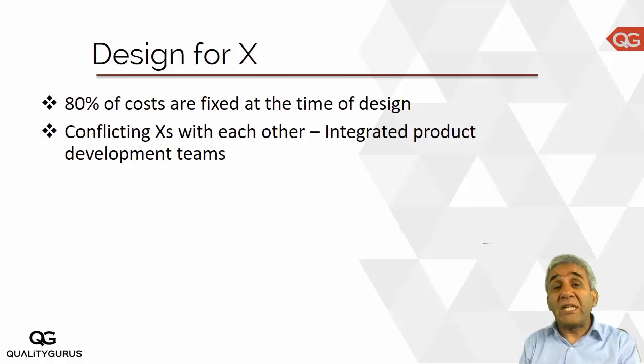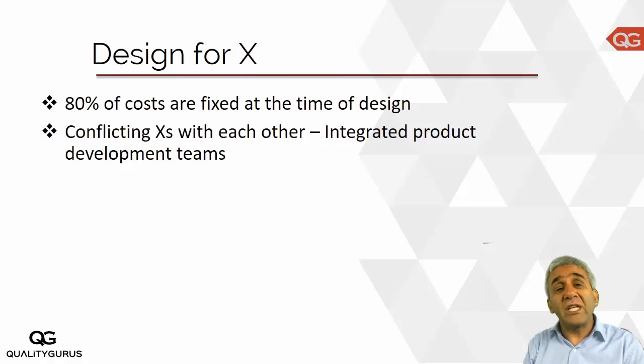If you want to save money later on, once you have finalized the design, and now you want to do some cost cutting on that product, it's difficult, because all the things have been more or less fixed during the design stage. 80% of the cost commitment has been fixed at the design stage. So that's something you need to remember: if you want to do some cost cutting, if you want to look at the cost, look at that at the design stage, not later on. The sooner you look at things, the better those will be.